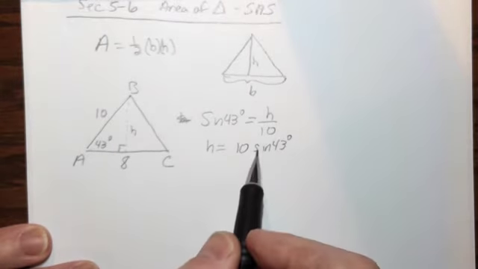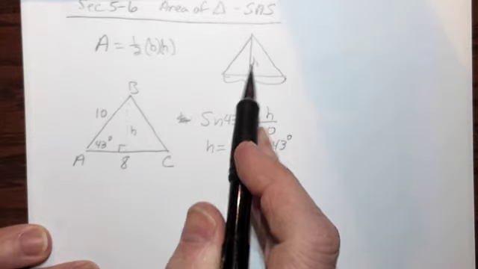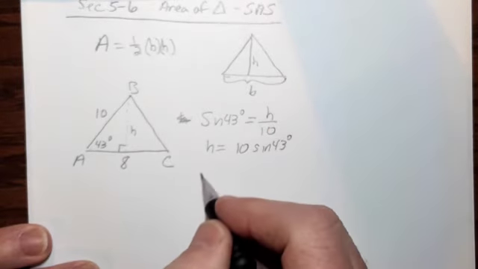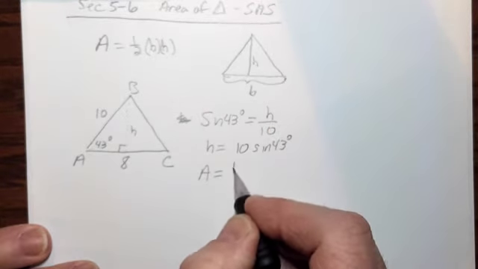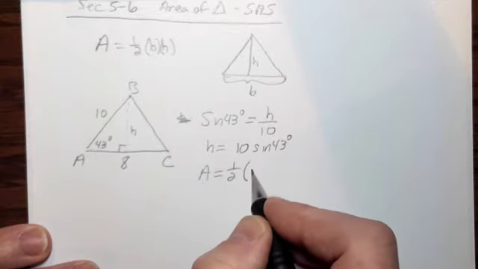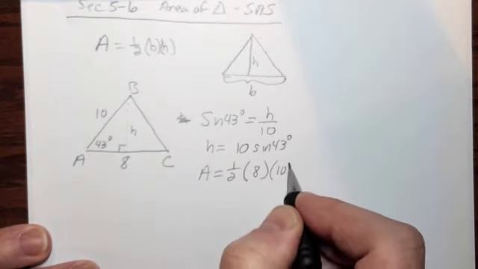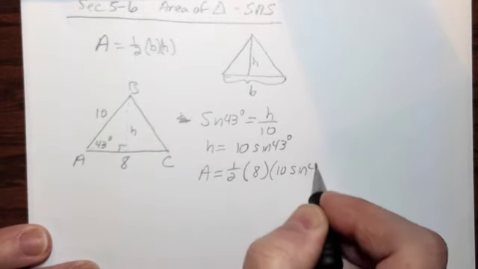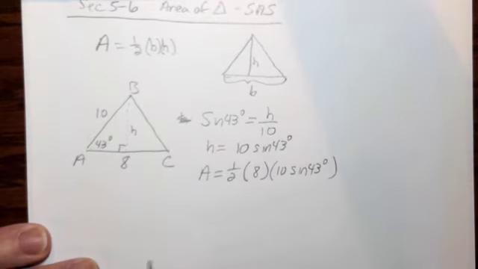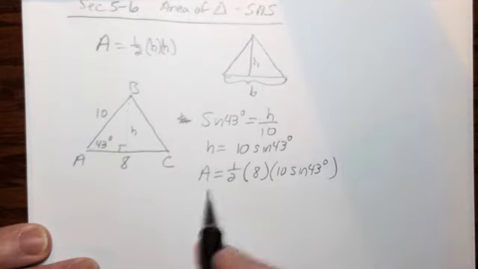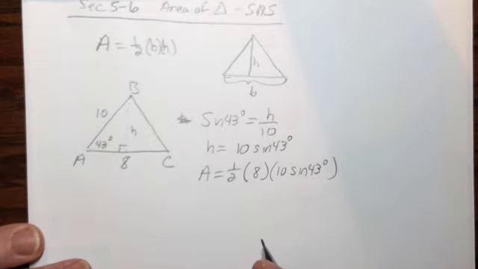And then we can use that as the height. The base is 8, so the area is going to equal 1/2 times the base, which is 8, times the height, which is 10 sine of 43 degrees.